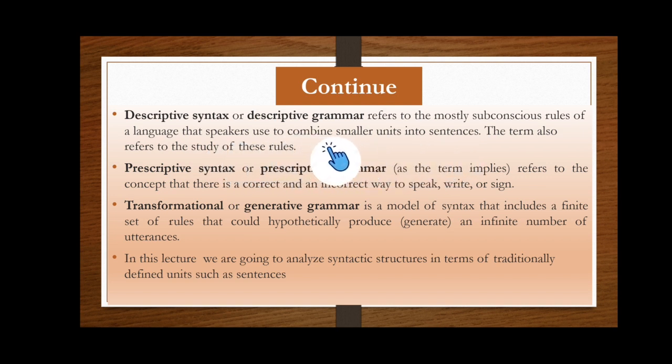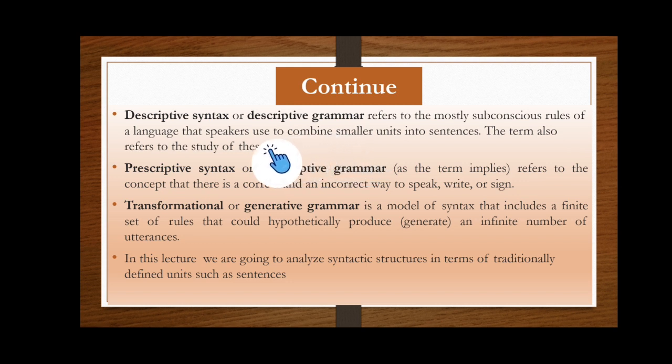So what are smaller units? Like morphemes. First of all, we construct words through the use of proper morphemes, and here we know the rule of where I should put a prefix and where I should put a suffix.